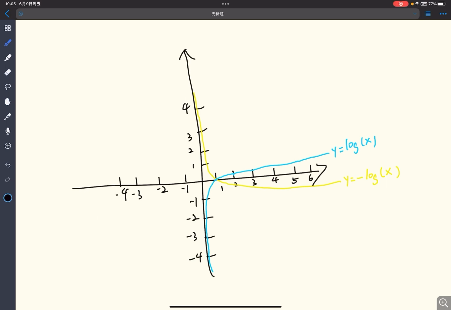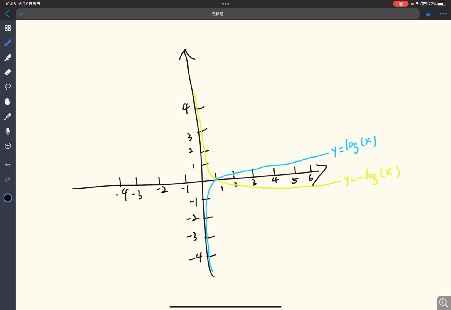In this process, the domain of the function changes relatively little. The domain of the original logarithmic function includes the positive values of x, because logarithmic functions are only defined for positive numbers.